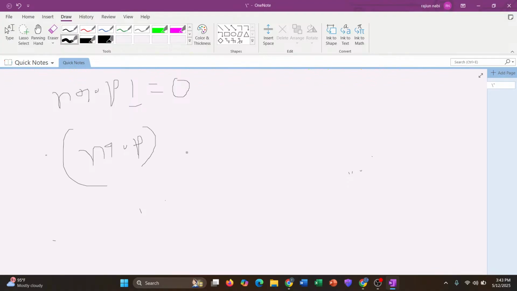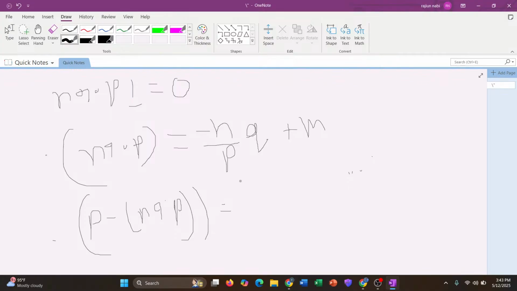The sum of the next p minus n remainder p elements has to be n divided by p times q.